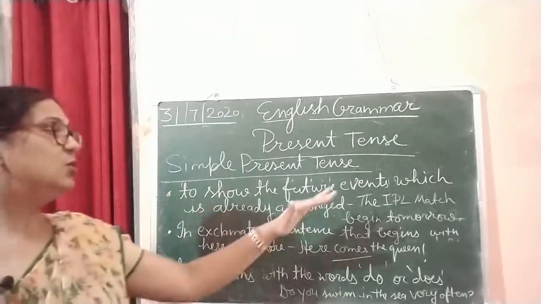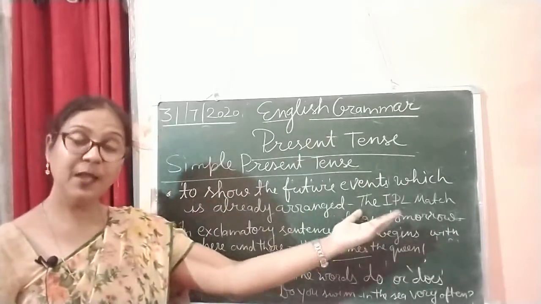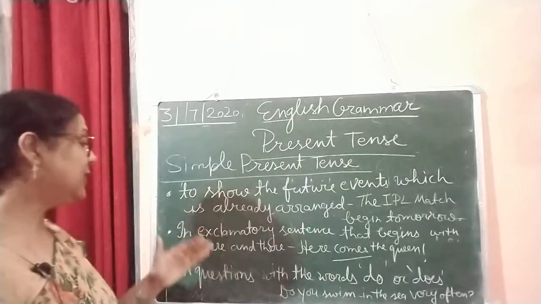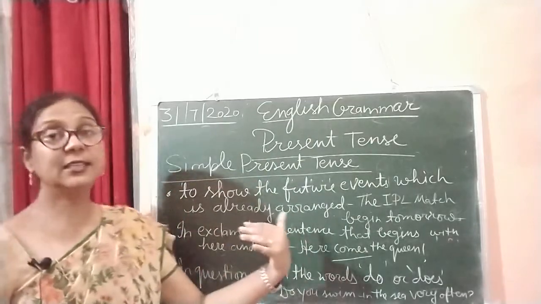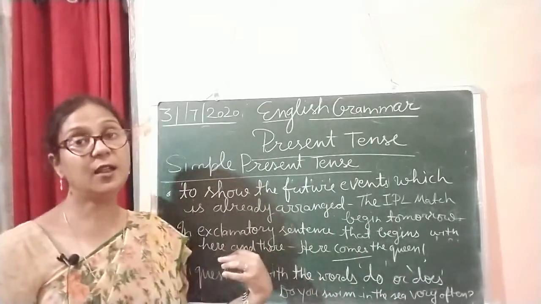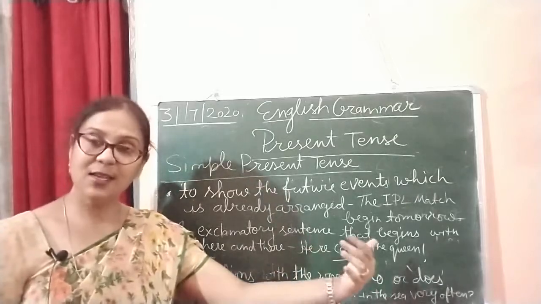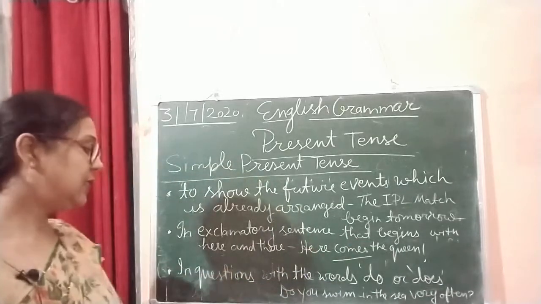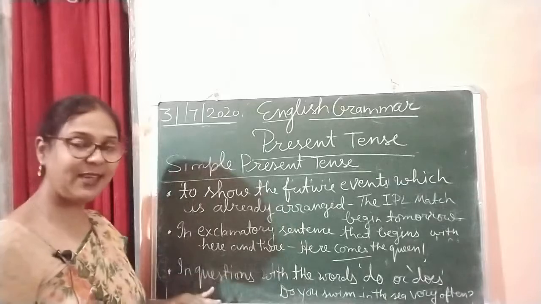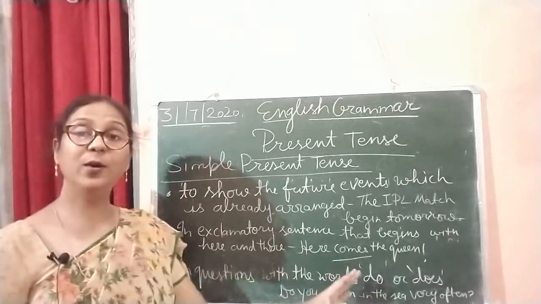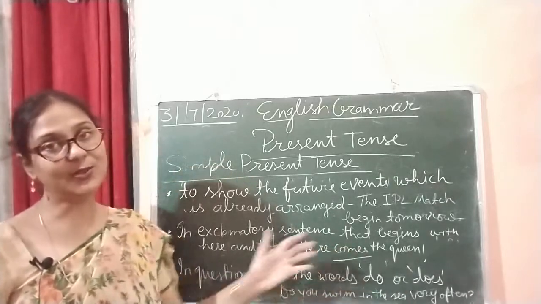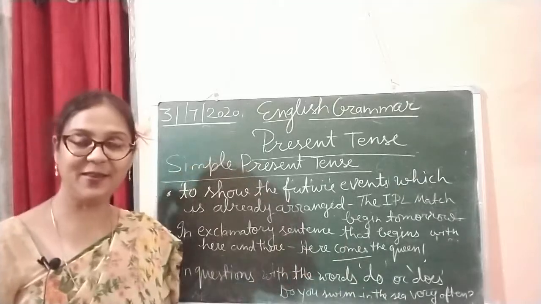First of all, to show the future events which are already arranged, and second, in the exclamatory sentence where here and there are used. Now in sixth, you can see questions with the word do and does. Simple present tense is also used over here.